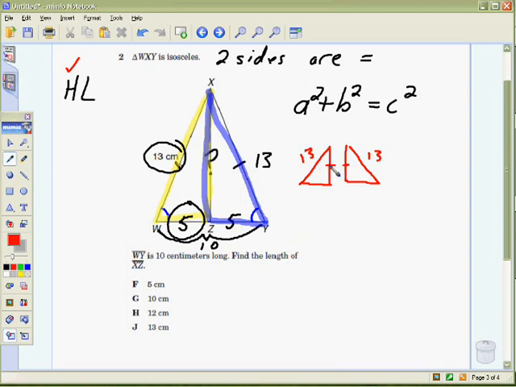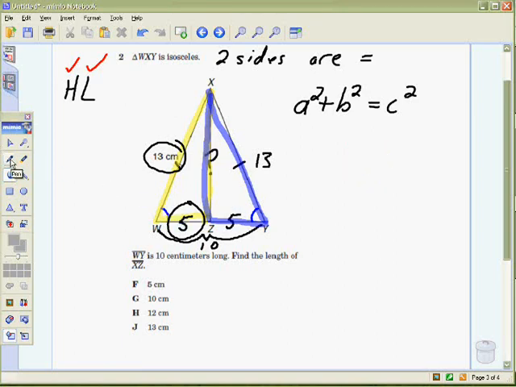So then I have a leg of each triangle that are congruent to each other. That tells me that these two legs are also congruent. That's the hypotenuse leg theorem. And since they're congruent and the total of the two is 10, each one is 5. That's one way you can determine those two missing pieces.